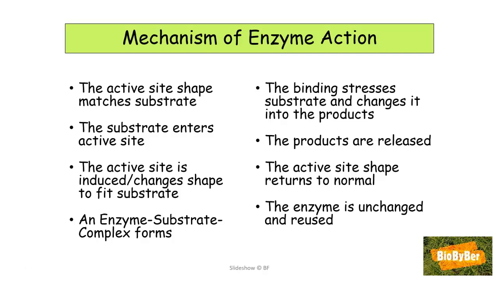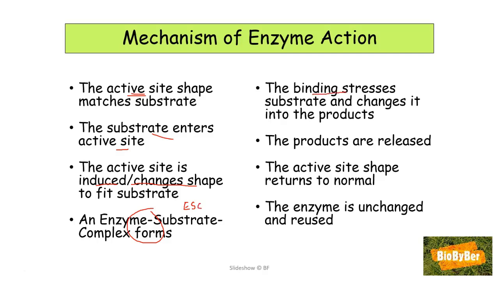So what is the mechanism? Well, the active site shape matches the substrate, so the active site is still vitally important here. The substrate enters the active site. The active site is induced, or it changes shape to fit the substrate, and an enzyme substrate complex is formed. Now the enzyme substrate complex is the group hug.